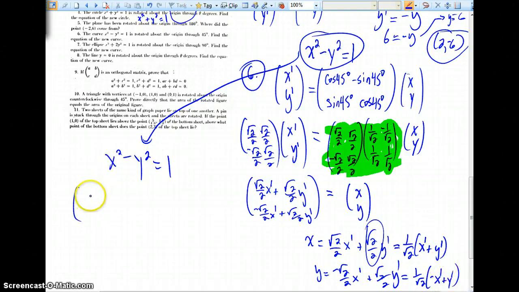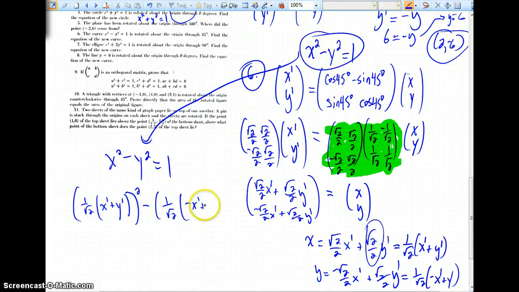I'm going to substitute. I'm going to say, look, this is 1 over root 2 times, here's my x prime plus y prime. I'm going to square that whole thing. I'm going to say minus. Over here, I'm going to get 1 over root 2, and I've got my opposite, y prime minus x prime.